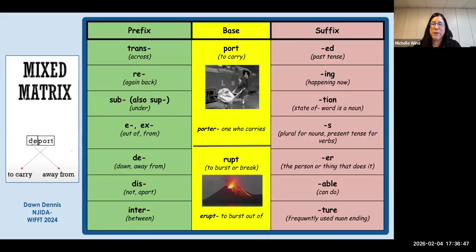This is a mixed matrix that one of my colleagues at Fairleigh, Dawn Dennis, made. This is really cool. When she's building word parts with older students, you can make a mixed matrix, and it really is an extension of that morpheme mat. It just includes a bank of prefixes, a bank of suffixes, and bases. You can keep it very simple. This is a little more complex, but it's giving them this matrix and then having them build words and see the meaning of the words they can come up with.